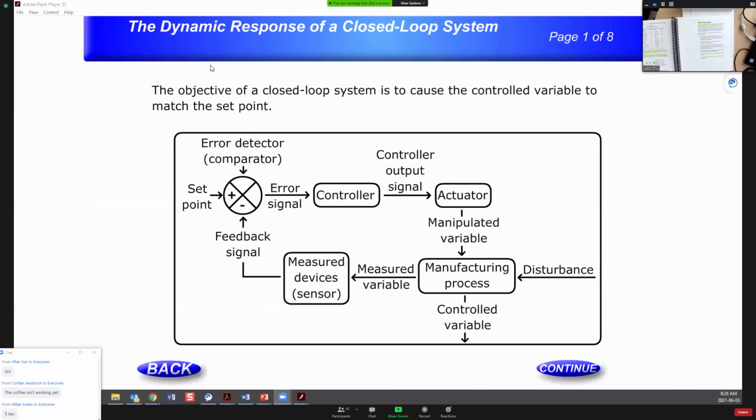So the dynamic response of a closed loop system. Here is a closed loop system. I guess you guys are all perfectly familiar with this picture now. And we usually have a final block down here.